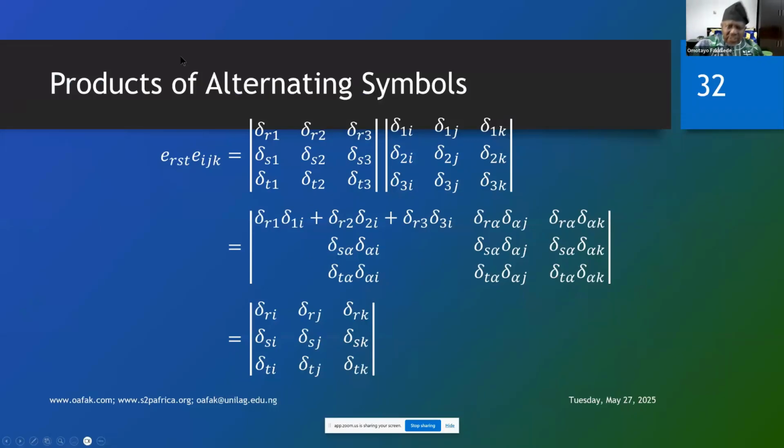Okay, so by the definitions we have made of the two alternating symbols, we can now get the product of them. If we do the product, the first term will be when we multiply the first row of the first determinant with the first column of the second determinant, and you see that you have delta R1, delta 1I, delta R2, delta 2I, delta R3, delta 3I.